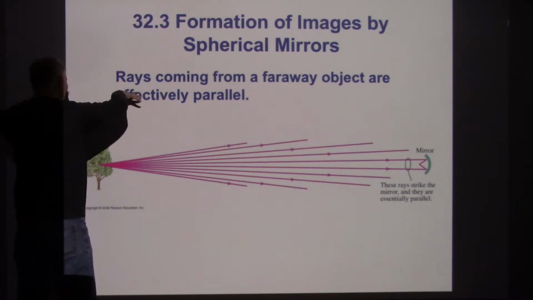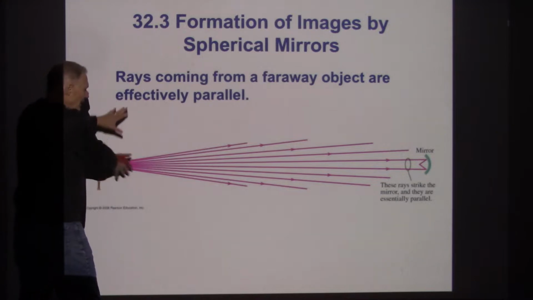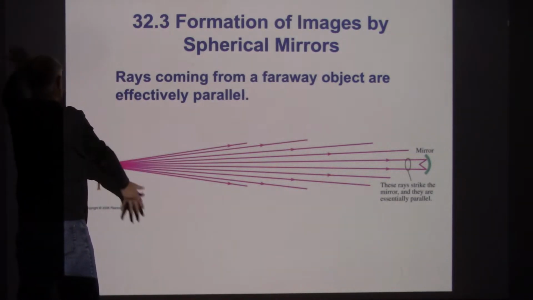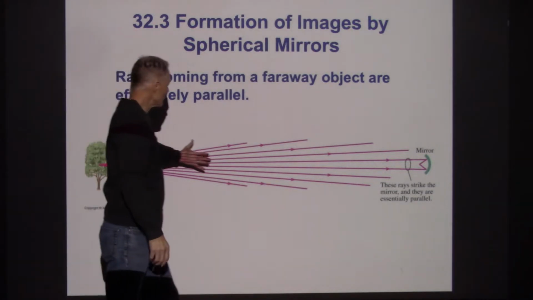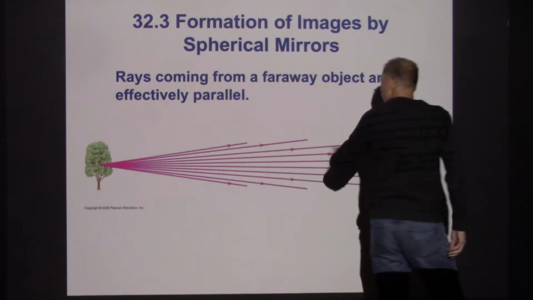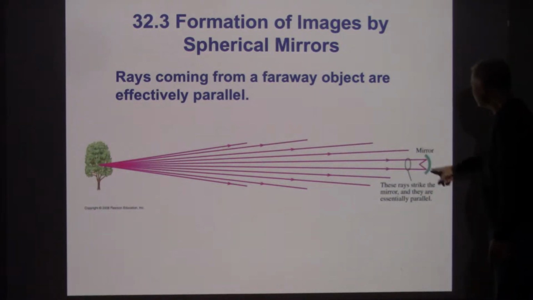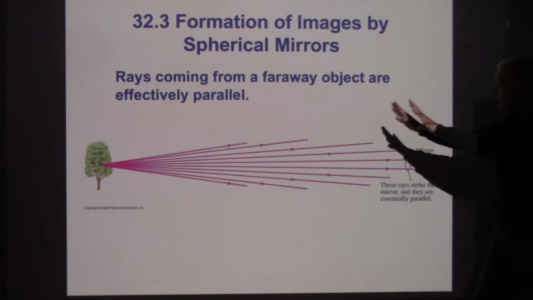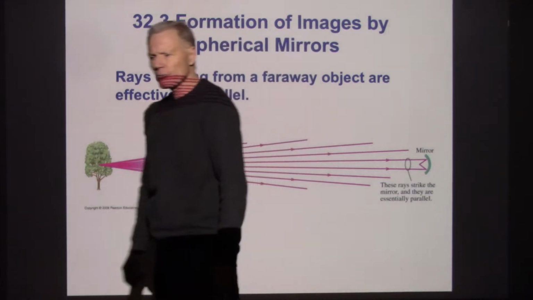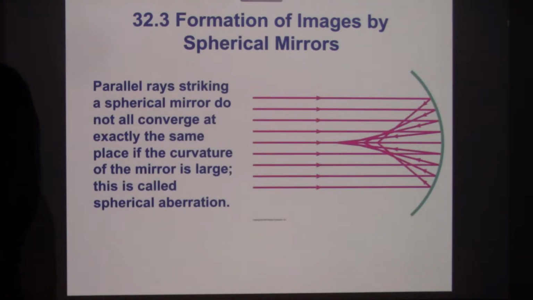It's being illuminated by sunlight, and let's just take that one point. Light from there is going in all different directions. Every part of the tree, the light gets reflected out in all directions. But you can see when I look at the tree, that light's spreading out from that point. But by the time I get far enough away, the lines kind of look like they're parallel. So in the limit where the objects are far, far, far away, the light coming in can be thought of as coming in parallel.